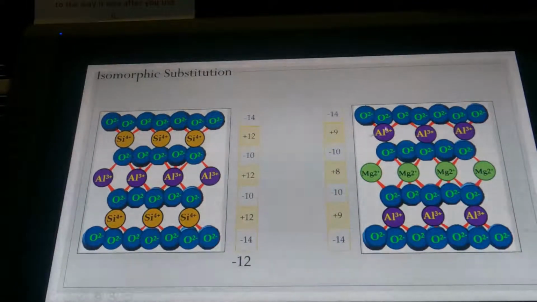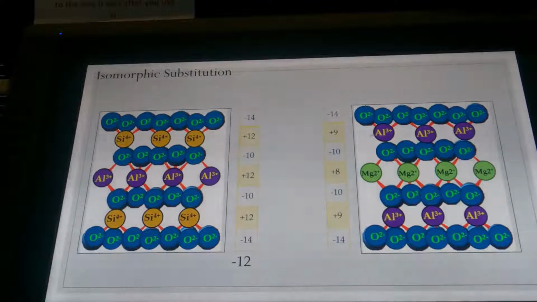Silica and aluminum in the tetrahedral. Magnesium and aluminum in the octahedral. Everyone kind of following this at least somewhat?